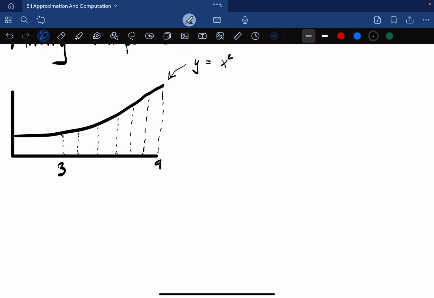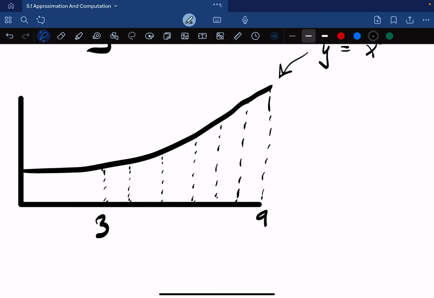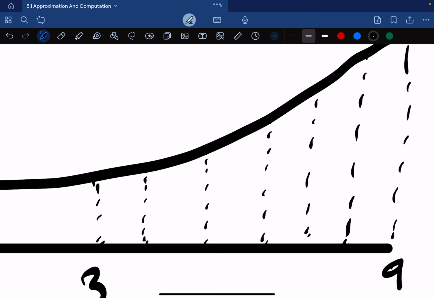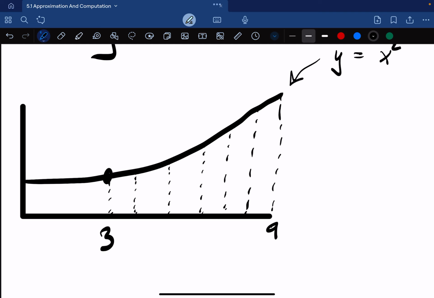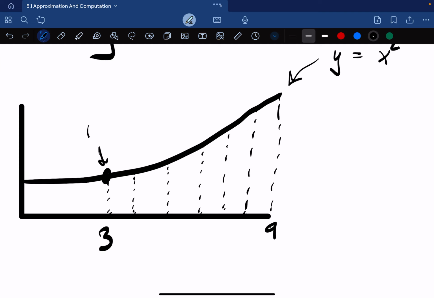How does this help us find the height? Well, remember, the height is the y coordinate of a point that is on top of the curve.